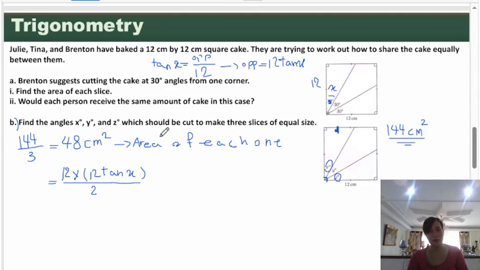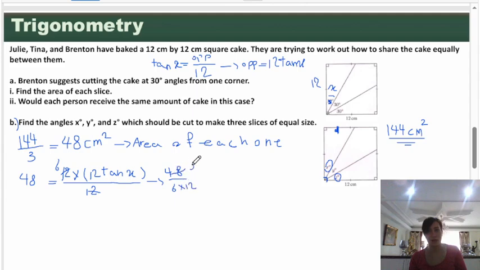As I said, the area of each piece equals 48. It would be 6. I cancel out 2 and 12. It would be 1. And if I use cross multiplication, I will say 48 divided by 6 times 12.